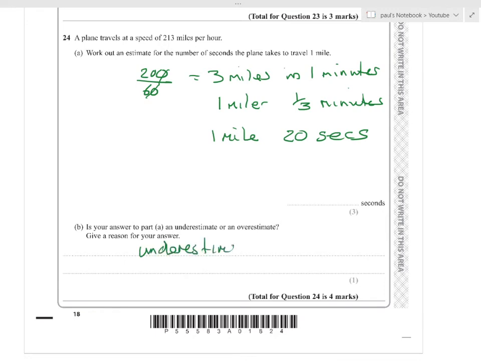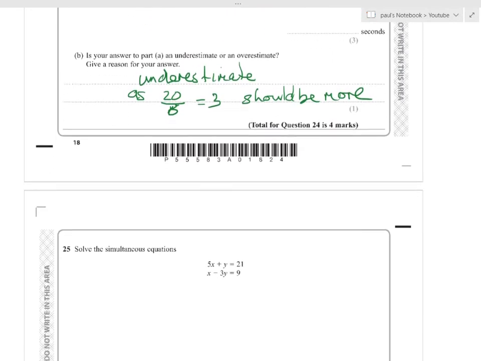Underestimate as 20 divided by 6 equals 3. It should be more. I didn't like that one.